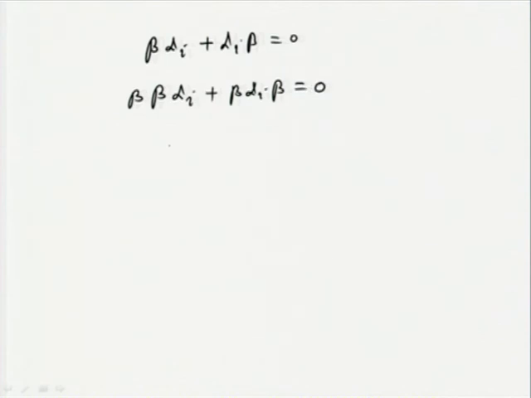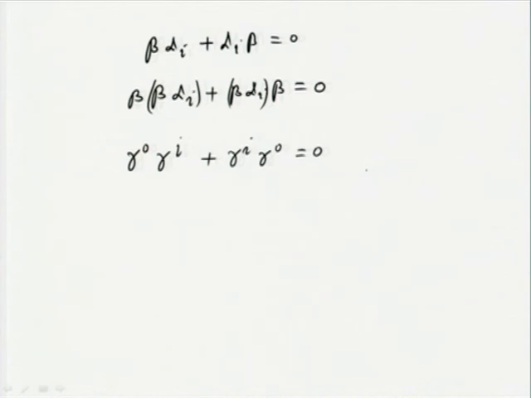So beta is gamma^0, beta alpha_i is gamma^i, plus gamma^i beta alpha_i. Let me club them together in this fashion: gamma^i gamma^0 equal to 0. So this is one thing.